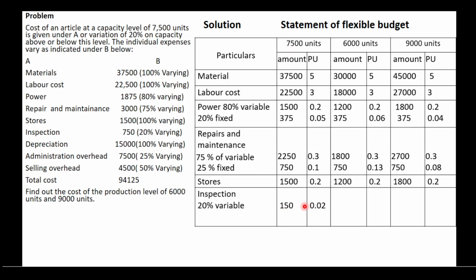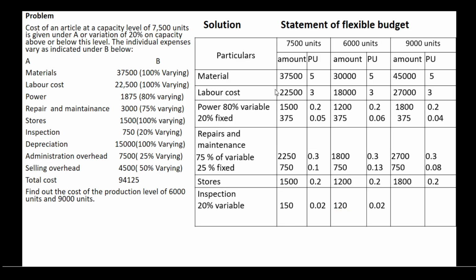0.02. So since it is variable, in all levels the cost per unit is 0.02, but the amount changes here. So for the 6000 units, the cost per unit is 0.02. It is multiplied with the 6000 units. So 0.02 into 6000. Now the amount is 120 rupees.